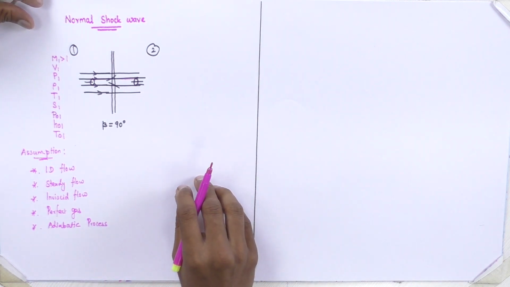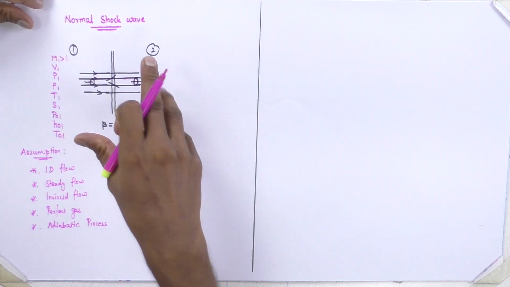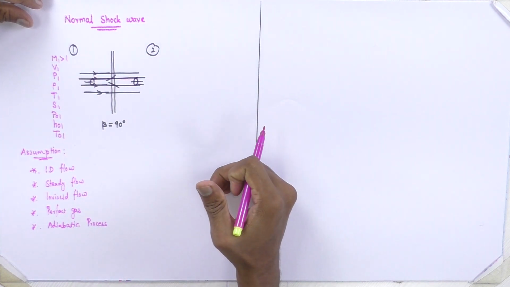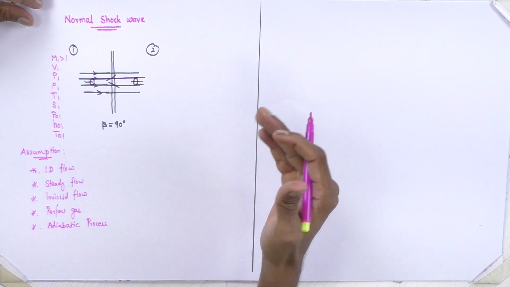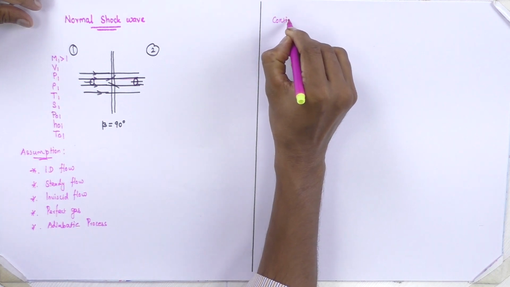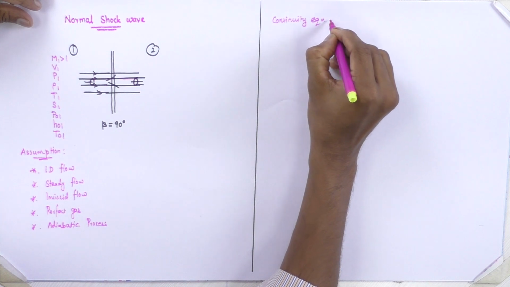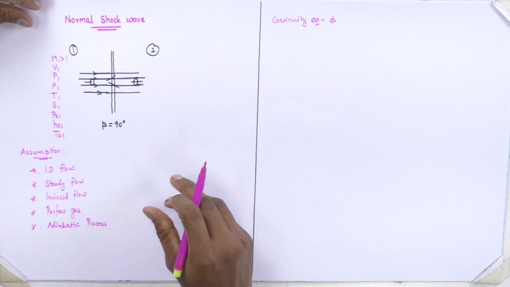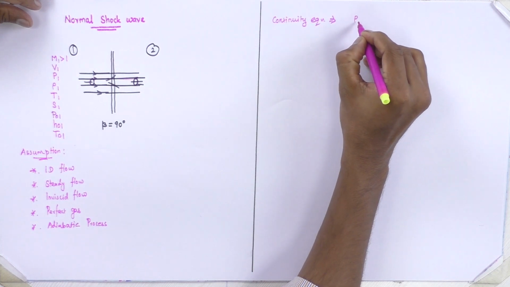So as per our objective, we need to relate region 1 and region 2. For that we need certain relations. So already we have so many relations. First we will list out those relations one by one. First equation, the continuity equation. As per the continuity equation statement, mass flow rate is constant at each and every section.